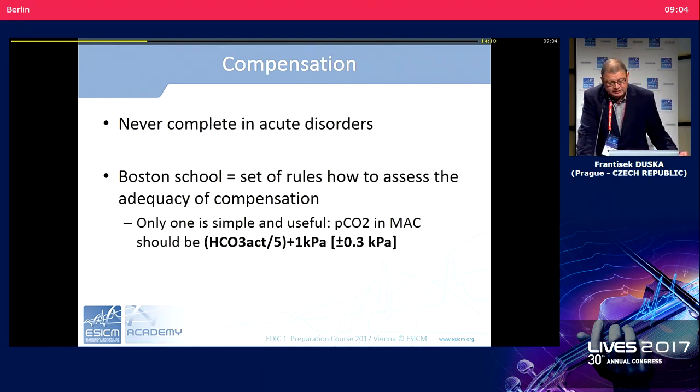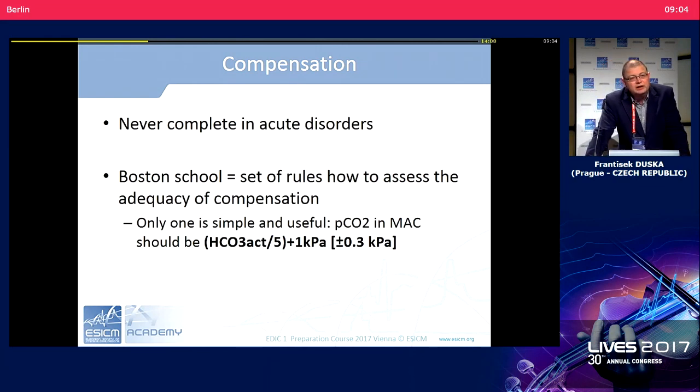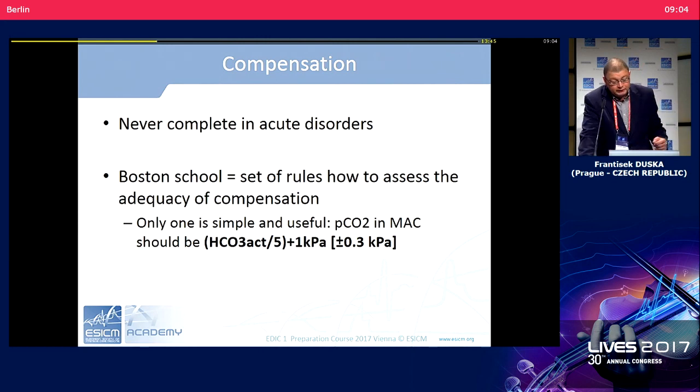The thing is that the body reacts to any disturbance of the bicarbonate buffer by changing the other system. In Boston, they developed six different equations, empirically derived, to show what degree of compensation is appropriate to a given simple disorder.